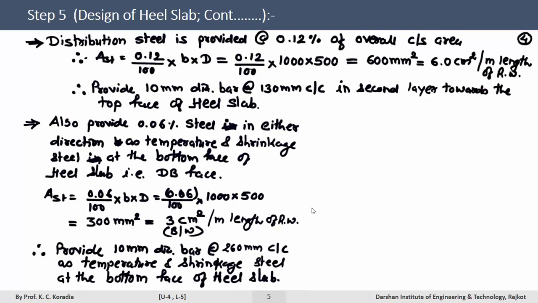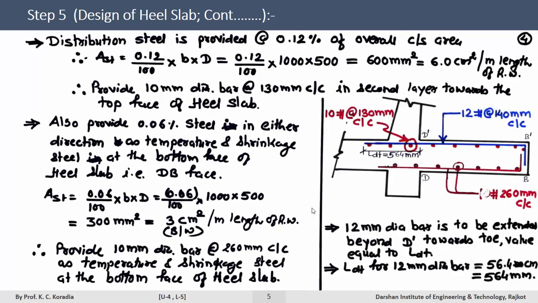Again using the same table number 96 given on page number 230 in SP16, we can see that 10 mm dia bars at a spacing of 230 mm center to center will be enough to satisfy our requirement. This reinforcement will serve the purpose against temperature and shrinkage at the bottom face of the slab.